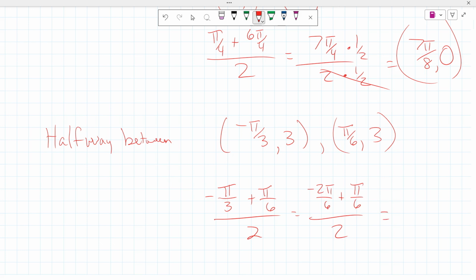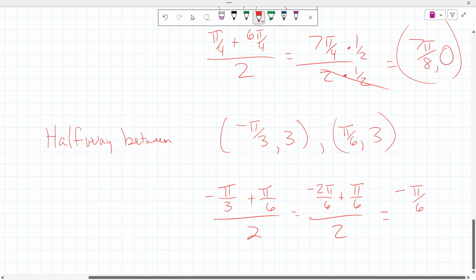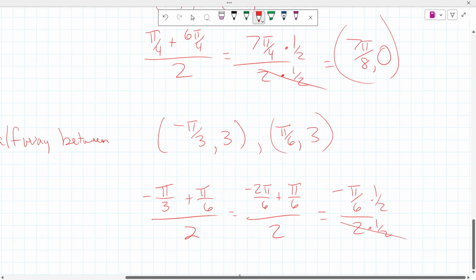What's negative 2 pi over 6 plus 1 pi over 6? Negative pi over 6 divided by 2, which is the same as multiplying by 1/2. So it would be (negative pi over 12, 3), the point halfway in between.